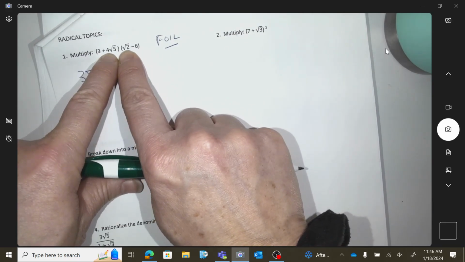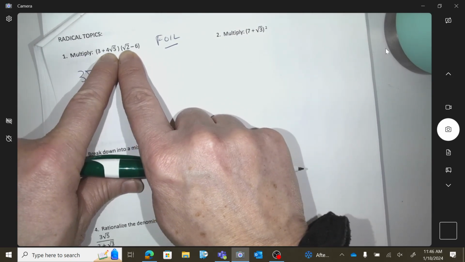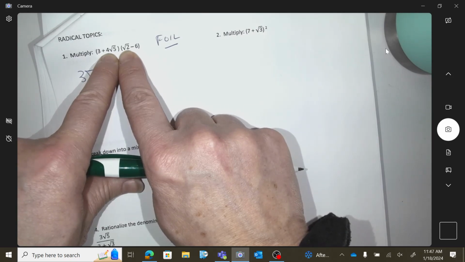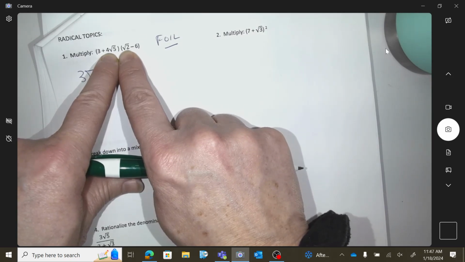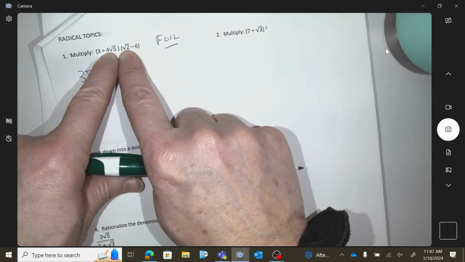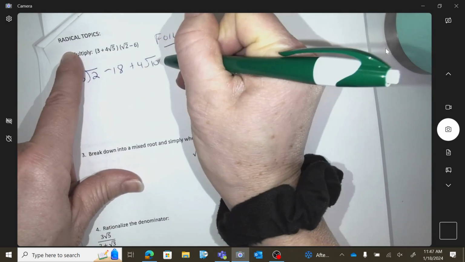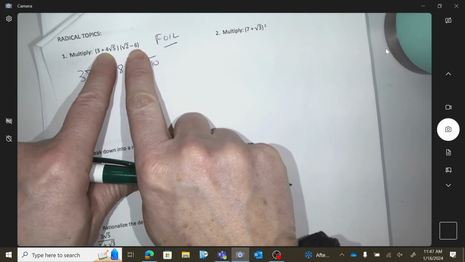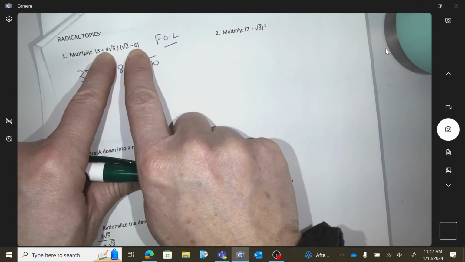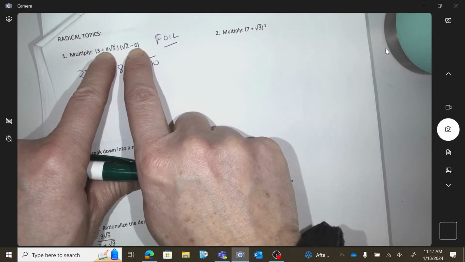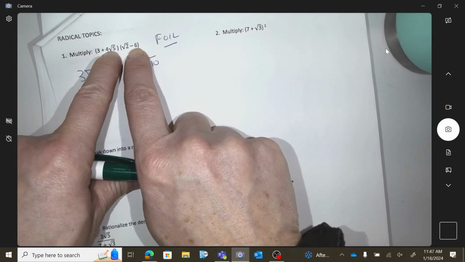Insides, the whole number is 4, and the radical is 10. You see it? 4 outside, root 10. The last outside would be minus 24, root 5.